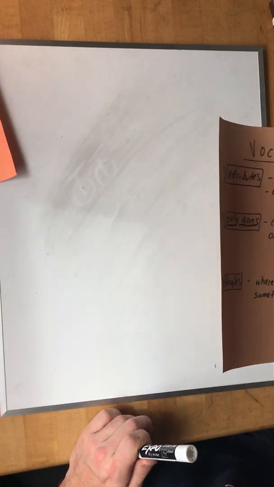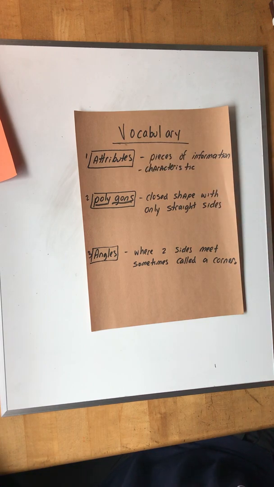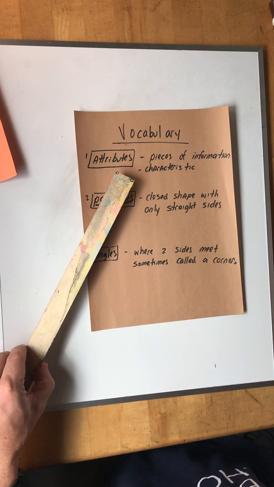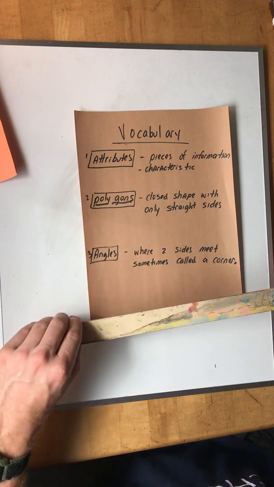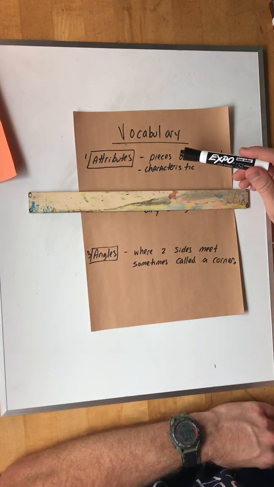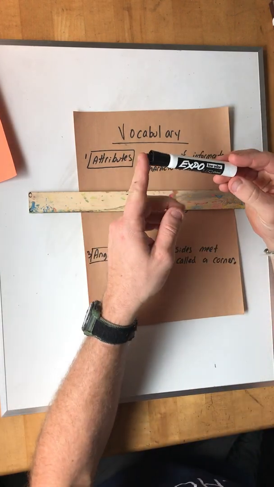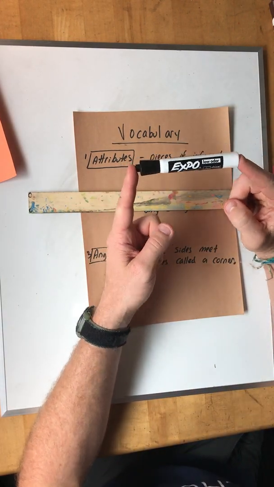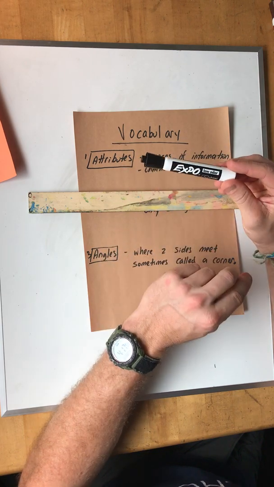All right, vocabulary, first one. Attributes. Say it with me. Attributes. An attribute is a piece of information or characteristic. For example, an attribute of this Expo marker is that it is black and white.